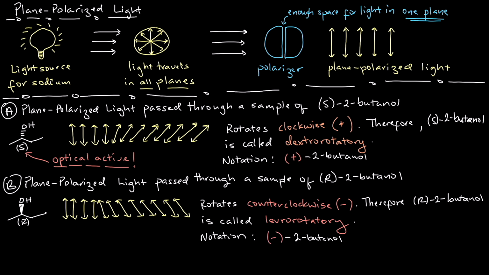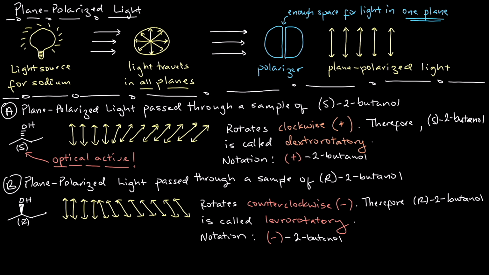And once again, there's no way we could have determined the counterclockwise rotation of plane polarized light by R2-butanol from its structure. We had to do this experimentally to know that R2-butanol rotates plane polarized light in a levorotatory manner. And so the notation that we can include in the name of R2-butanol is a negative sign in front of that particular sample.